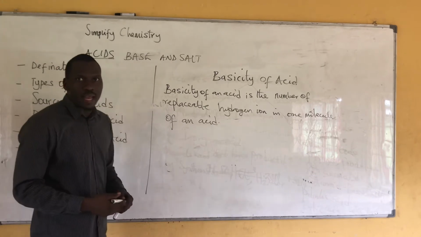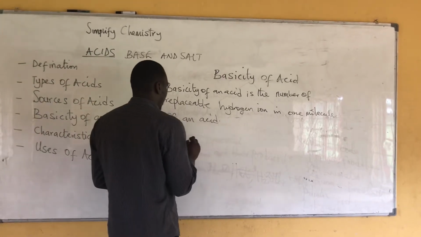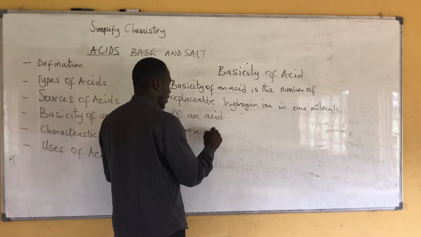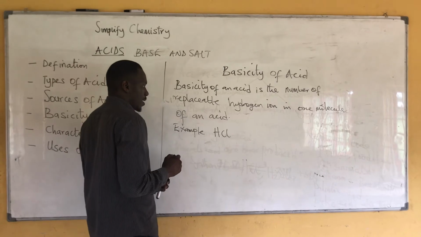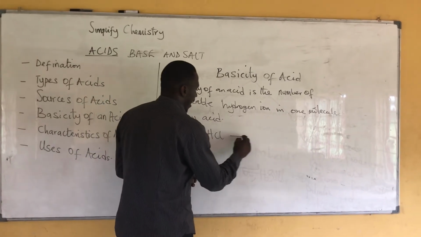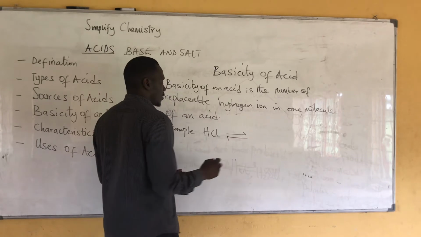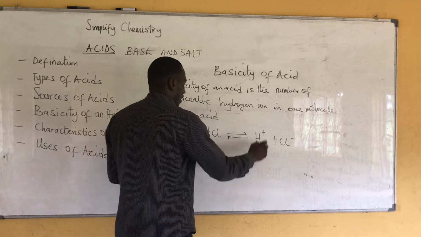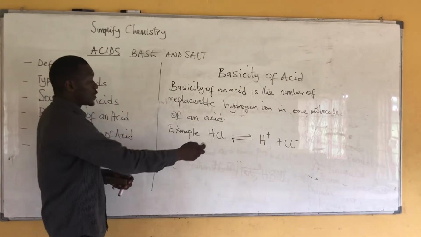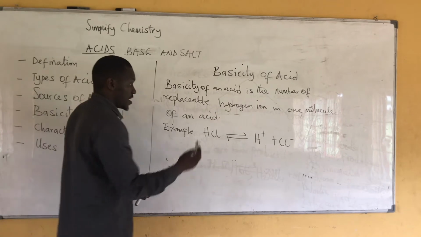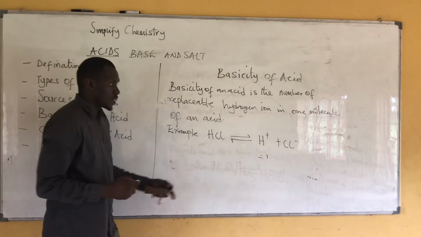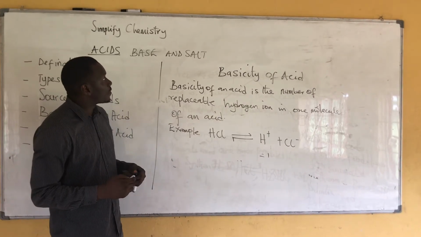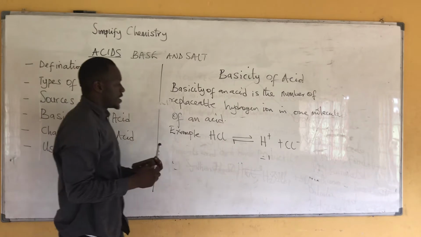Let's see examples of some acids. Hydrochloric acid. If hydrochloric acid ionizes, it is going to give us a hydrogen ion plus a chloride ion. Therefore, the number of replaceable hydrogen ions in hydrochloric acid equals 1. In one molecule of hydrochloric acid, the number of replaceable hydrogen ions is 1.